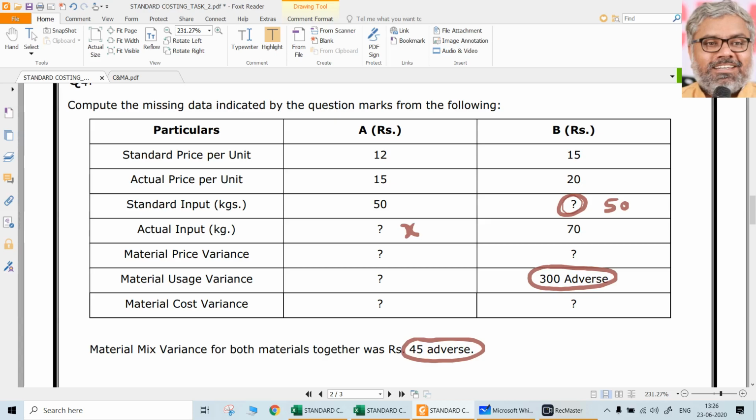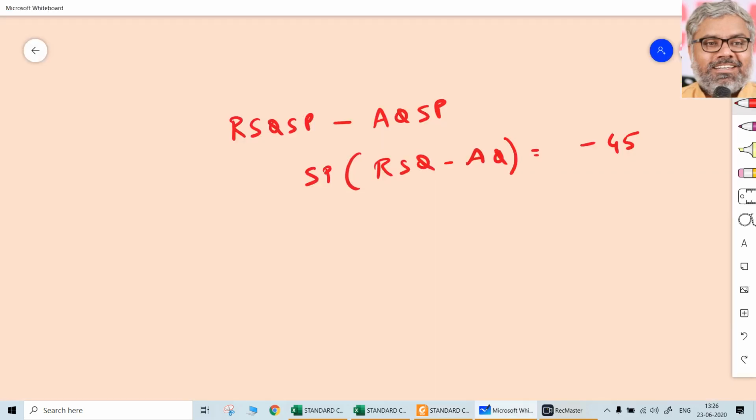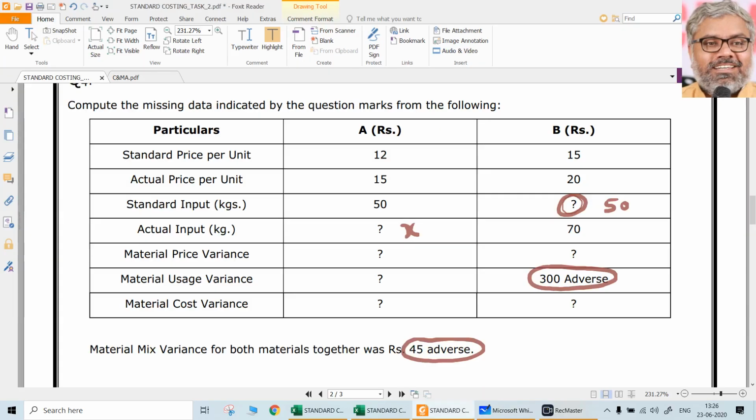So X, if it is the actual input, what will be the total actual input? That is 70 plus X. So total actual quantity is 70 plus X naturally. So what is RSQ? RSQ is nothing but the actual quantity distributed in standard mix.